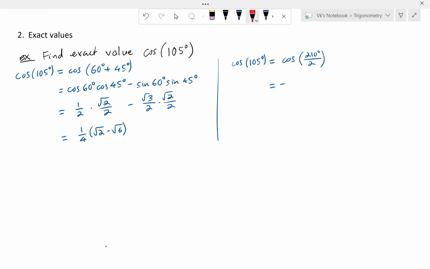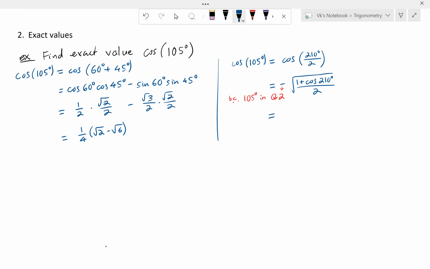The reason why is because 105 degrees is in quadrant 2. So cosine of an angle in quadrant 2 is negative. Root of 1 plus cosine of 210 degrees over 2.